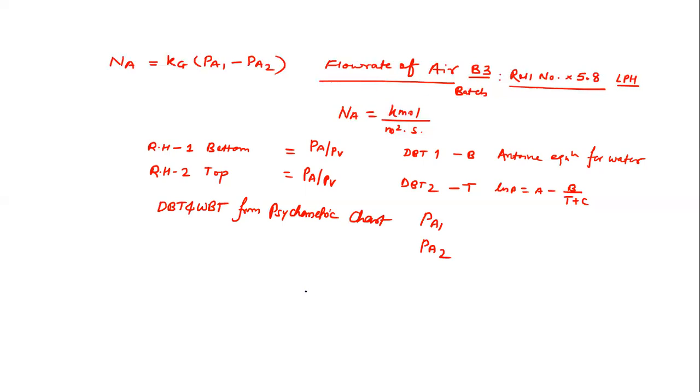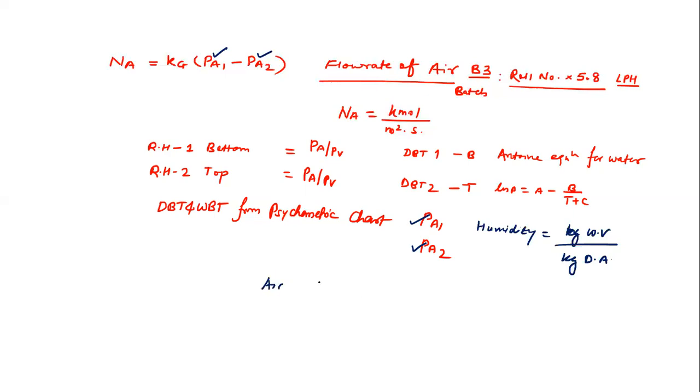Once it's done, PA1, PA2 is what is required. The next required is the amount of water. So you have to find out humidity. What is humidity? Kg of water vapor upon kg of dry air. Right? That's the humidity. So you can convert your air.